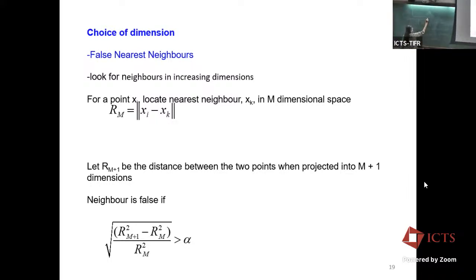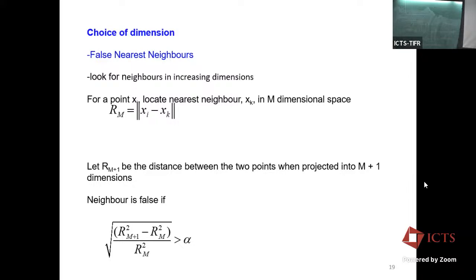This is x at time t. If you have taken only two dimensions, you have only two variables, xt and xt plus tau. But you have it repeatedly because you go for the next time, find its t plus tau, for every time. So you get a set of points like this.